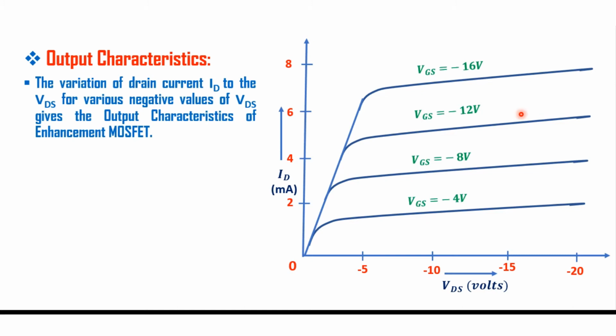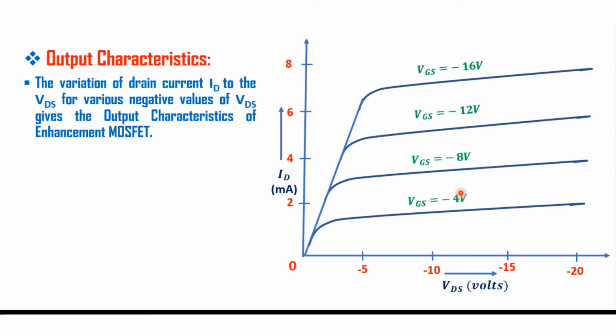For that purpose you can look at this figure, where on the x-axis we have taken drain to source voltage, on the y-axis we have taken drain current, and these are the different values of gate to source voltage. That means we are varying the drain to source voltage so that there will be a variation in drain current, but for that we have to keep the gate to source voltage fixed.